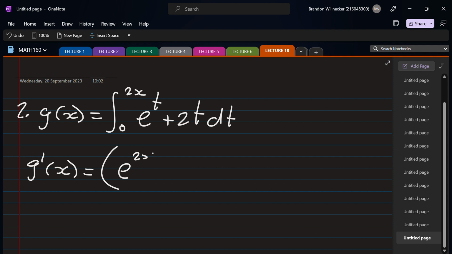Sorry, that's an x. Plus 2 times 2x, so that'll be 4x. And then the du by dx, in this case, it will just be a 2. Okay, so you can leave your answer like this, or you can multiply it out. Both are acceptable. So don't do any extra work if it's not really needed.